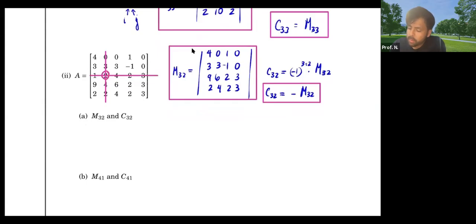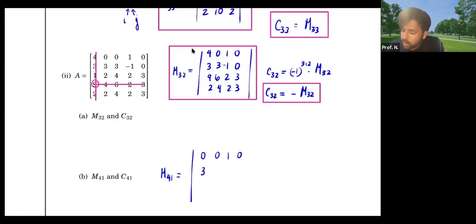And then M41, I'm going to go back to the drawing board here. For M41, I go to the 4th row, first column. This is going to get rid of the 4th row and the first column. And so then the determinant would be of 0, 0, 1, 0, 3, 3, -1, 0, 2, 4, 2, 3, 2, 4, 2, 3.